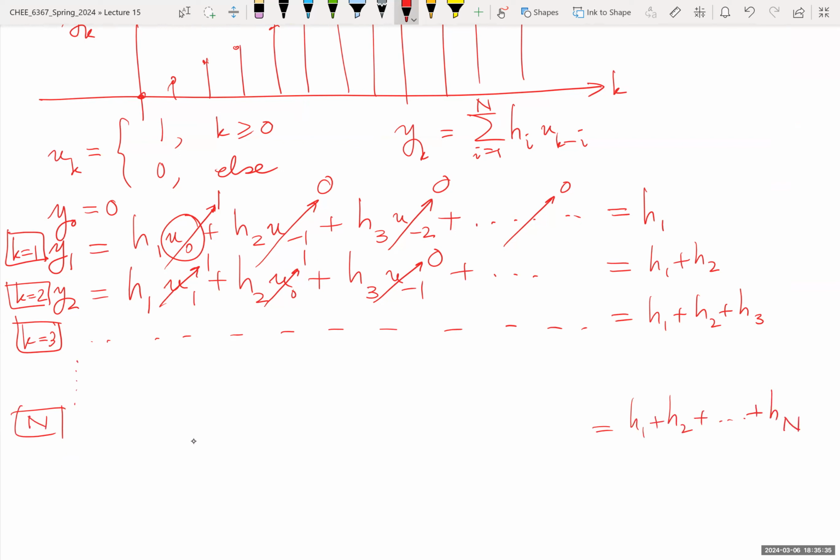After that, I assume the h values are equal to 0. So now you see that h1 is the value of y1. h2 is y2 minus y1. And then h3 is y3 minus y2.